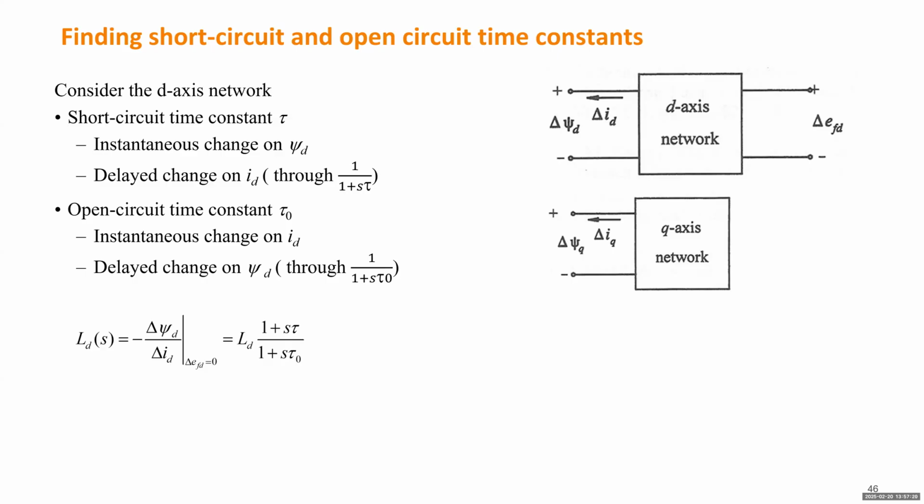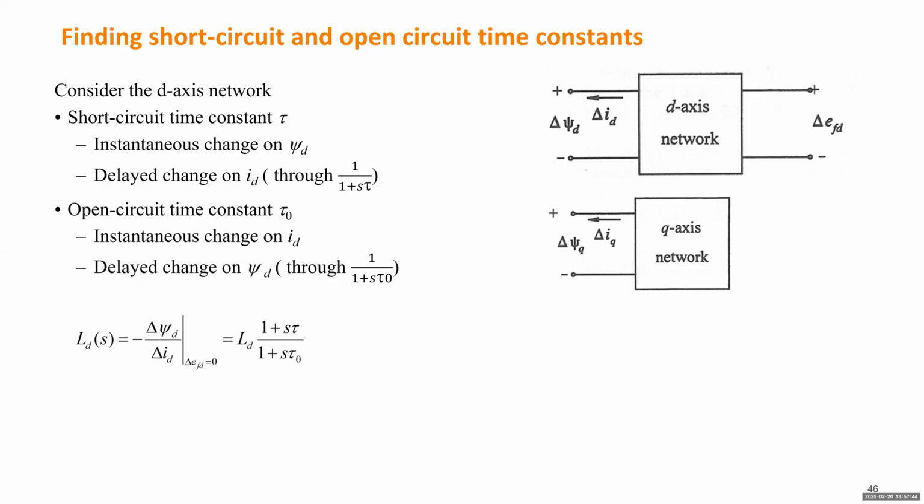So LD, earlier we have LD, which is just a constant value. It only changes when you have saturation. But here, if we ignore saturation, or we assume only a specific operating condition, we already know the steady state value of LD. But here we want to change LD to some function of time, or in the frequency domain, a function of frequency.